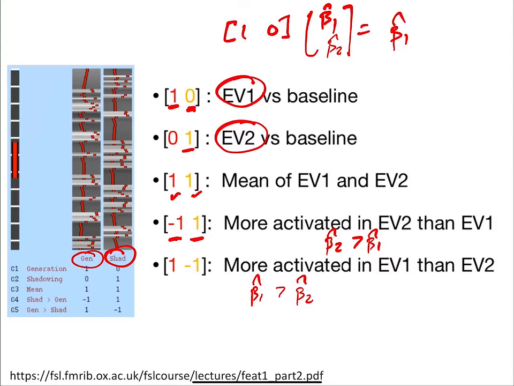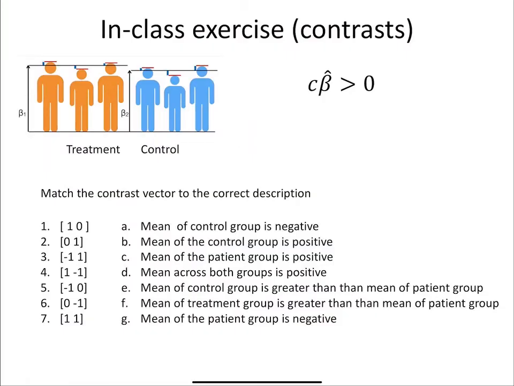Okay, so here is the exercise. Let me just explain it. In this case, treatment is your explanatory variable 1, so it's related to beta 1 hat. Control is variable 2. On this side, you have contrast matrices, and on this side, you have the description. There are 7 of those, and you have to match each one. Let me go ahead and open up that quiz.